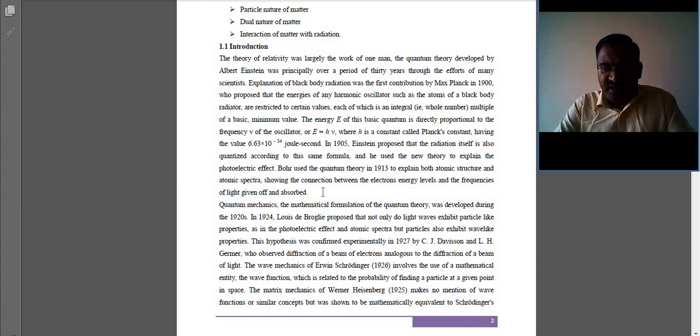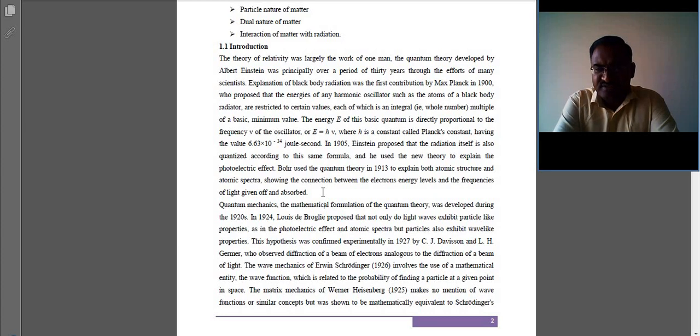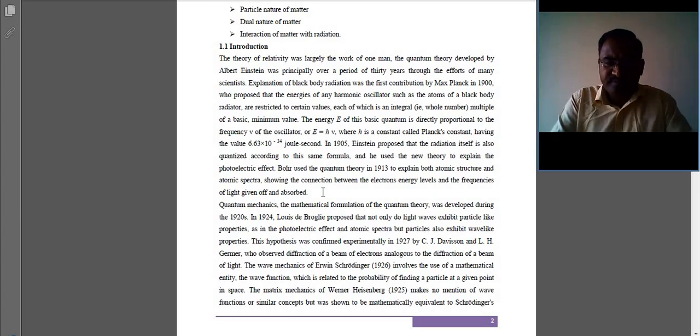Similarly, in 1900, by considering the black body radiation, Max Planck gave the energy equation.